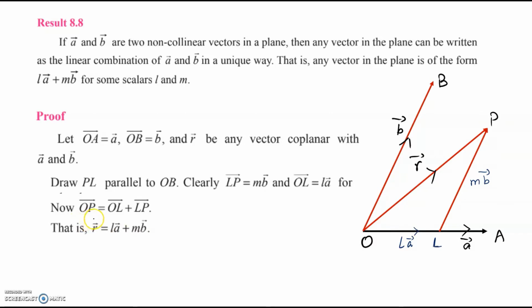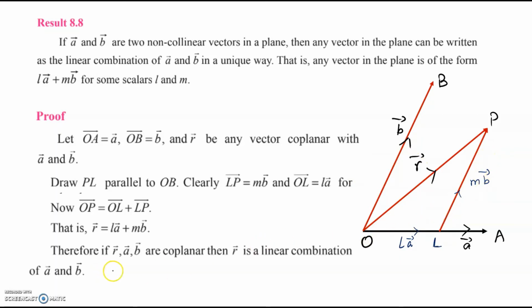Now OP vector, which is this R, is equal to OL vector plus LP vector. So it can be replaced with LA vector and MB vector, and we can say vector R is equal to LA vector plus MB vector. Therefore, if R vector, A vector and B vector are coplanar, then R vector is a linear combination of vector A and vector B.